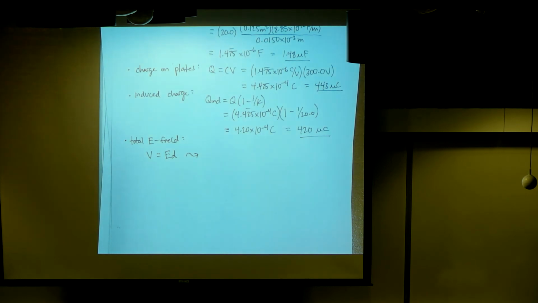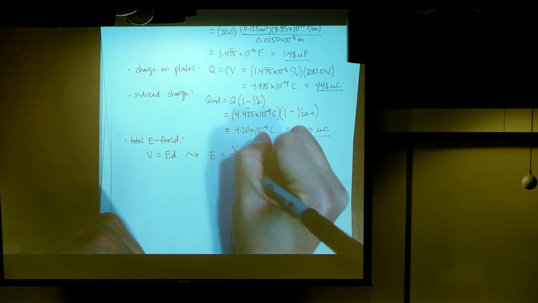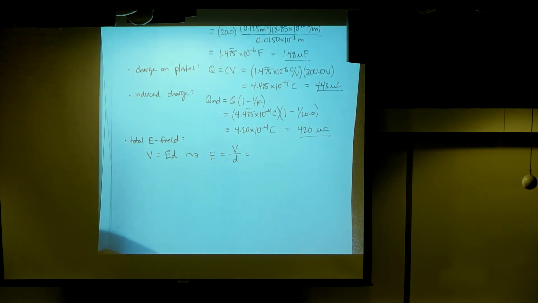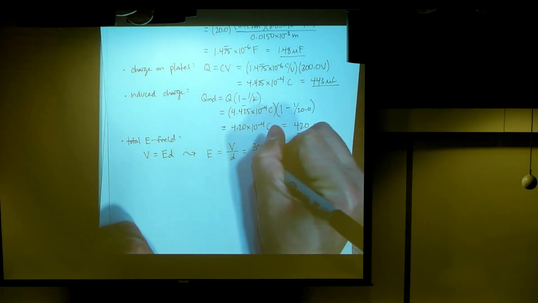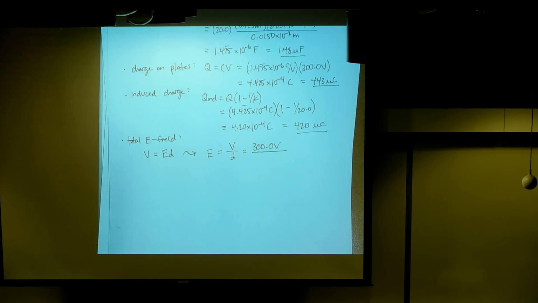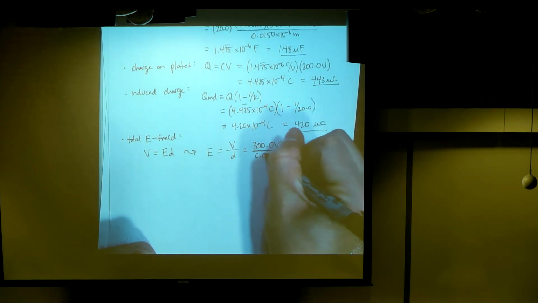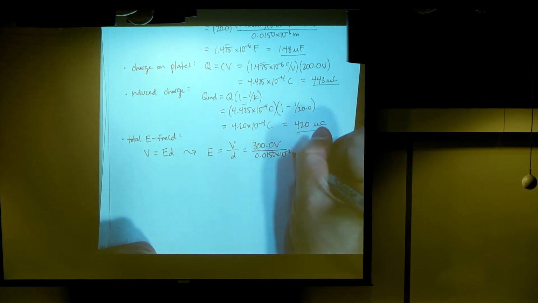So the total E field that we're integrating over to get this result is E, and we can find it by just taking the voltage divided by the distance. Okay? And again, the voltage is 300 volts. The distance is the tiny little gap, in this case, between the plates of 0.0150 millimeters, which is 10 to the minus 3 meters.